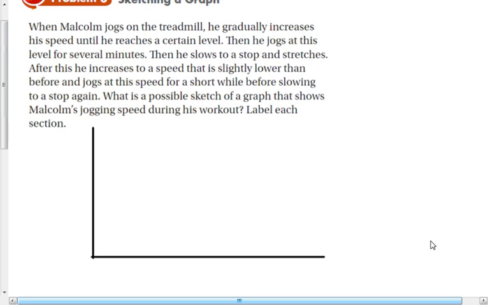Okay, so we're going to choose two variables. We want to show how his speed depends on what part of the workout he is in. So we're going to use minutes for exercising and speed. Okay, and it says at first he gradually increases his speed until he reaches a certain level.